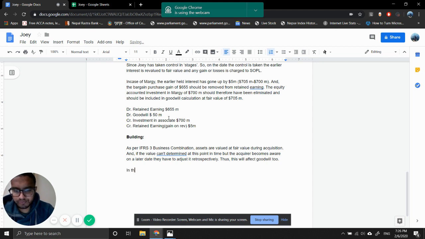In this case, the revision of the building's fair value at the acquisition was determined within 12 months of the business combination.